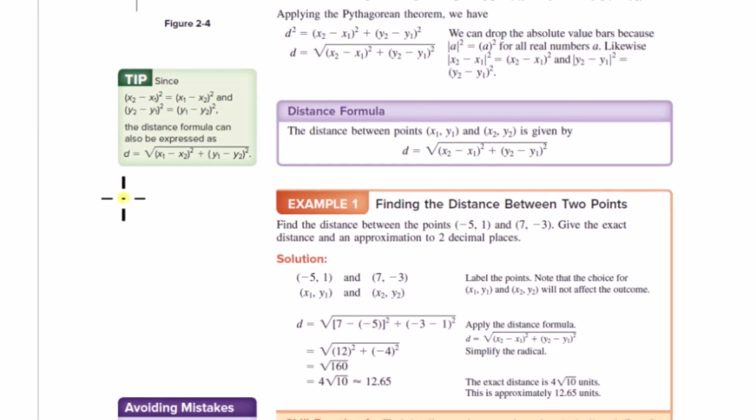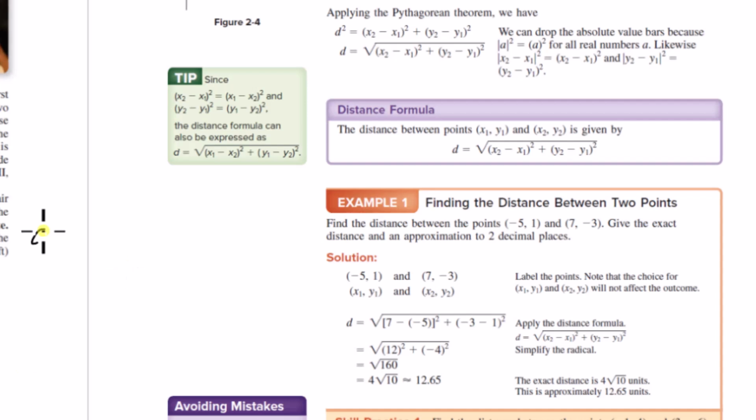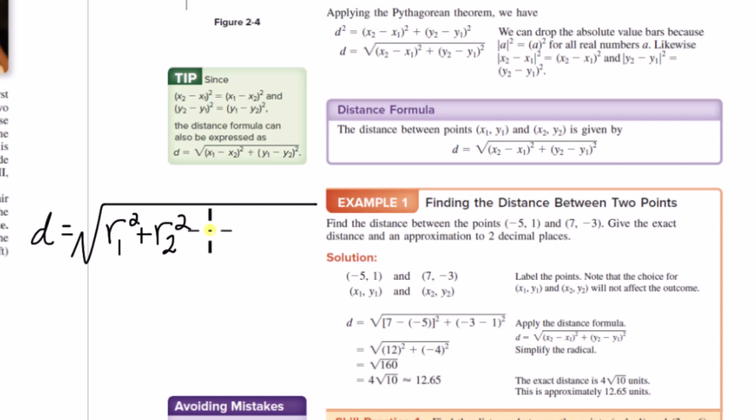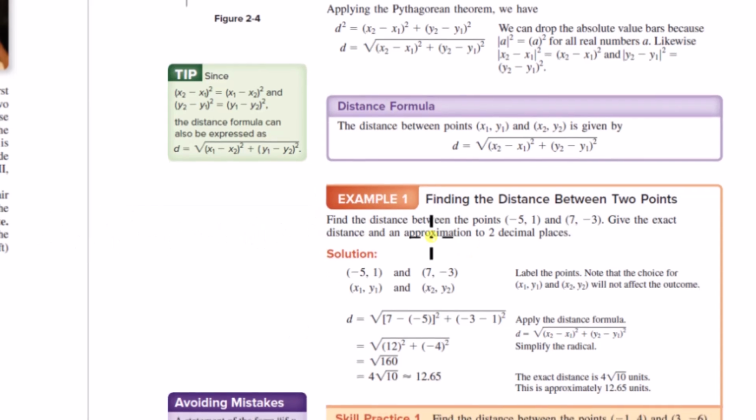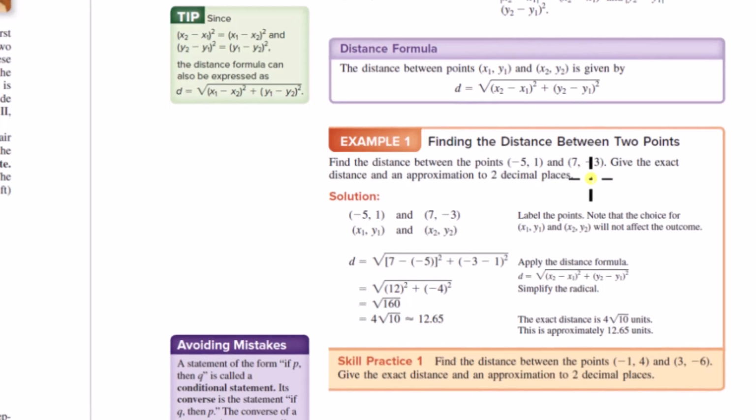And then just to show you, it's interesting to think about, the distance formula in a polar plane would be d is equal to the distance between 2 points, the principal square root of r1 squared plus r2 squared minus 2r1 times r2 cosine of theta 1 minus theta 2. So, pretty cool.